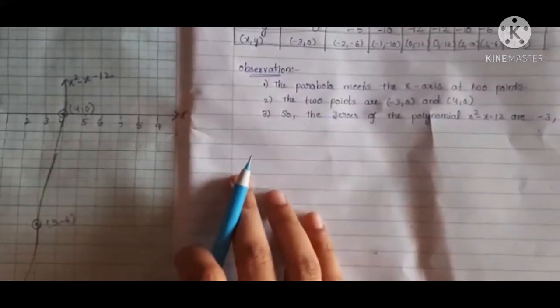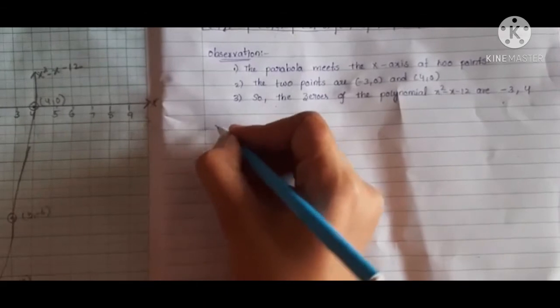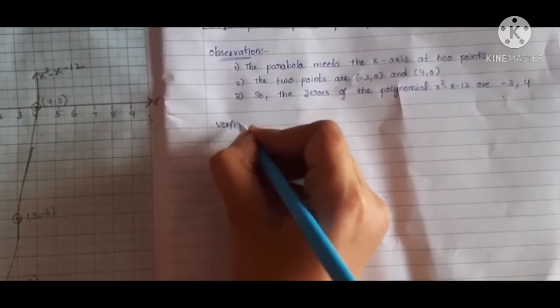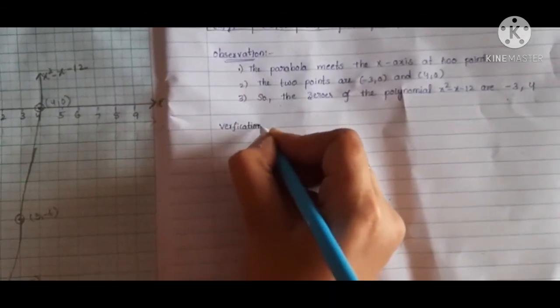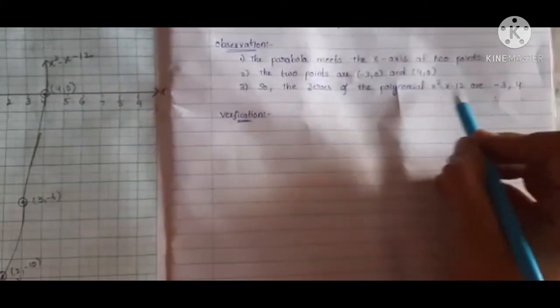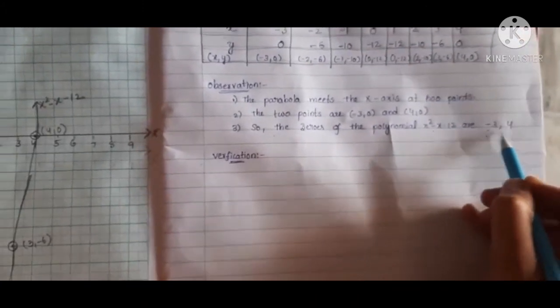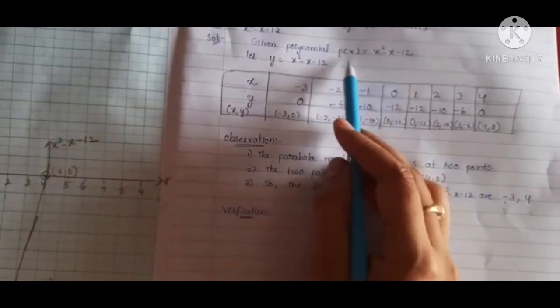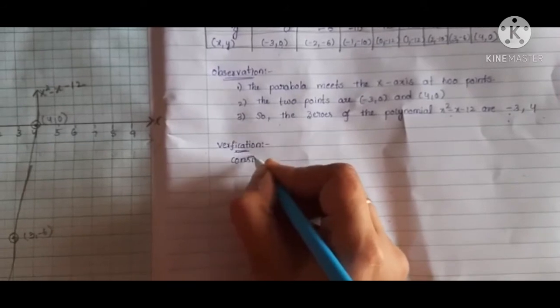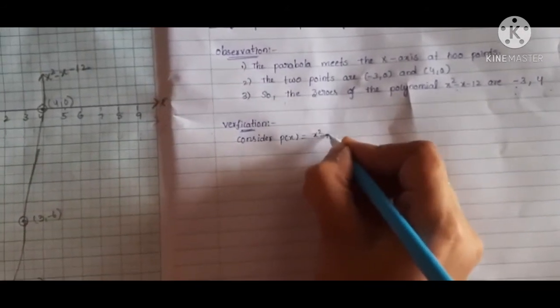Next, after observation of the graph, you have to verify whether these are the zeros of the polynomial or not. So, verification. In this verification, in place of x, you have to substitute minus 3 and 4, and check whether the polynomial is becoming 0 or not. Consider the given polynomial p of x, x square minus x minus 12.